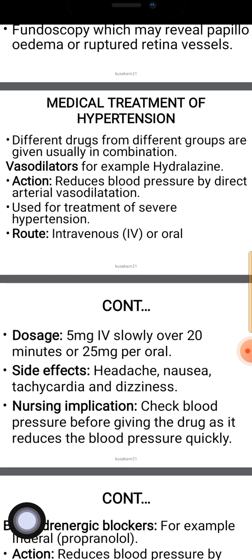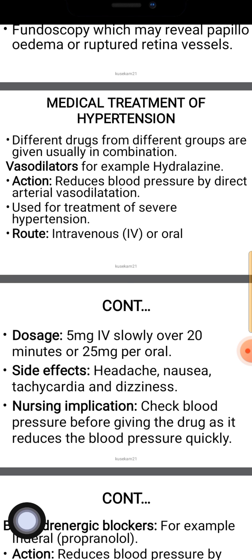So the first one, remember we are saying for someone to have high blood pressure, it means these vessels have narrowed. So the first treatment is to dilate these blood vessels so that blood is free to flow and be supplied to other body parts, organs or tissues.